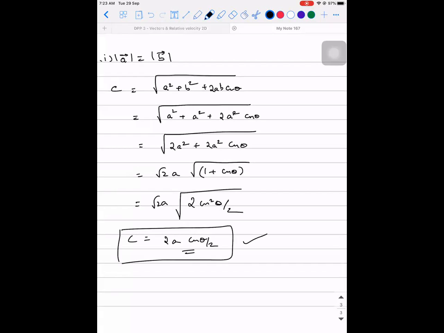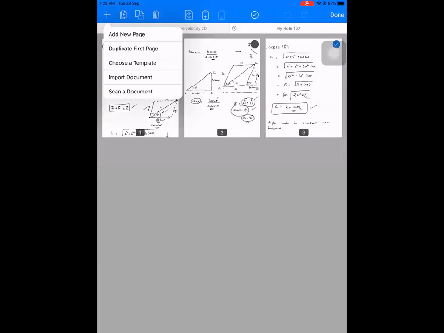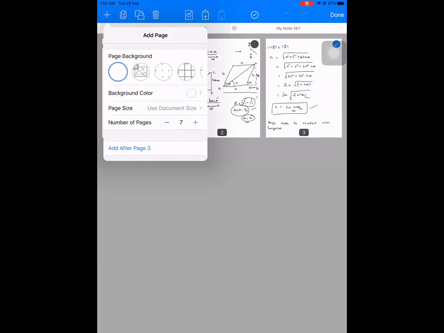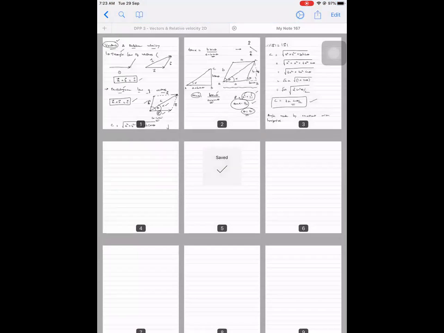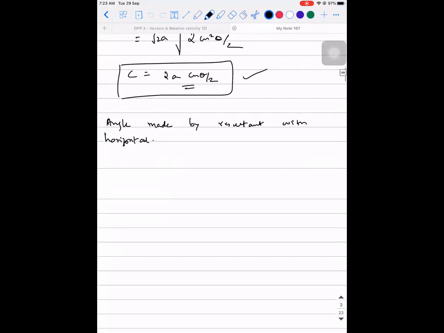Then what is the angle made by the resultant with either of the vectors? What is the angle made by the resultant with the horizontal?